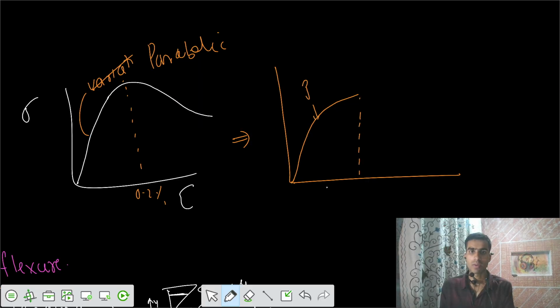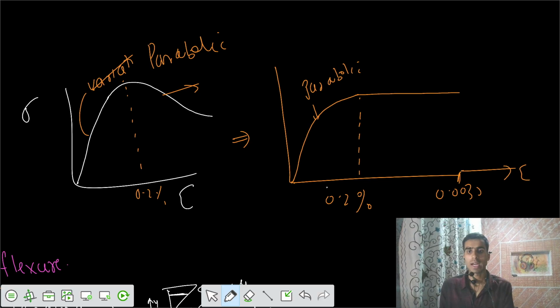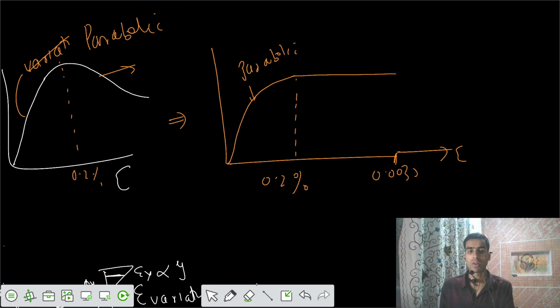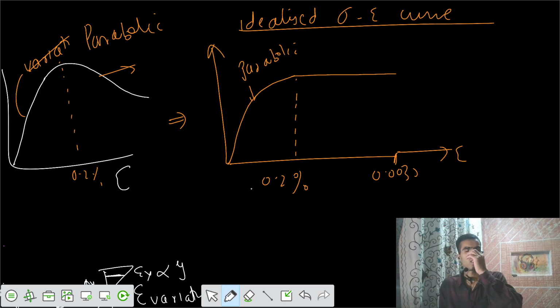After that we keep it as a straight line up to the strain value of 0.0035. So this is the idealized stress strain curve for flexure, from the compression test performed on cylindrical specimens.